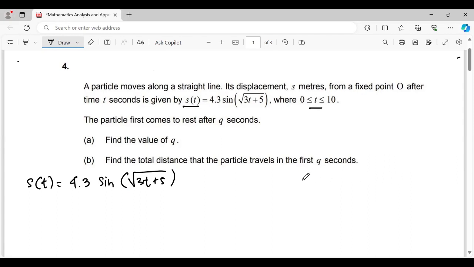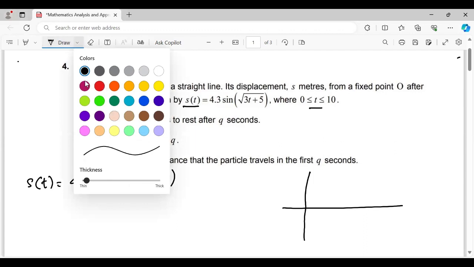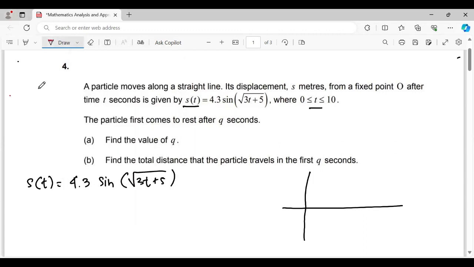And as you know, the graph of sin x looks like this.